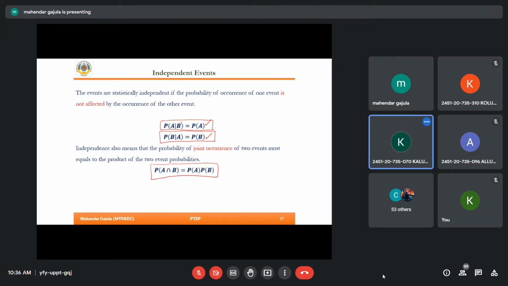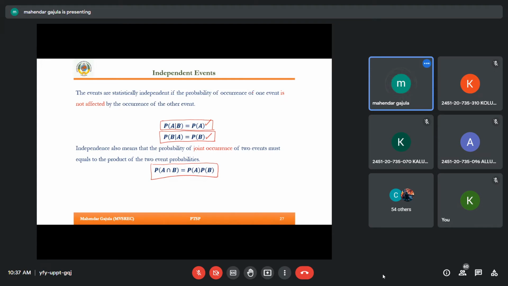Happened event. The happening event is the current event, A. B has already happened, but it is not affecting the current event A. So that is the independent event definition.